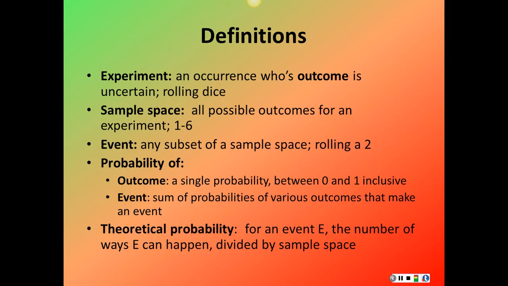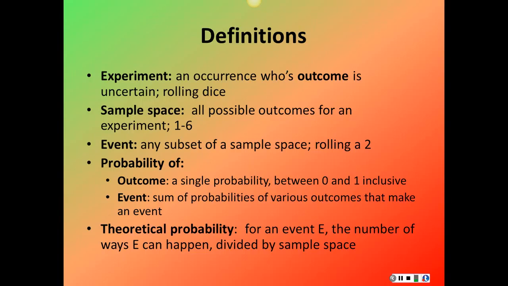When it's 0, of course it means it's definitely not happening. When it's 1, it means it's definitely happening, or definitely will happen, I should say. Obviously, the closer it is to 0, the less likely, and the closer it is to 1, the more likely it is. The probability of an event is the sum of probabilities of the various outcomes that make up the event. So again, an event could be more than one particular outcome.